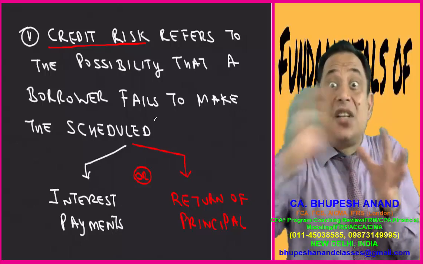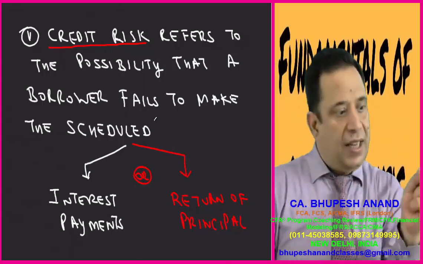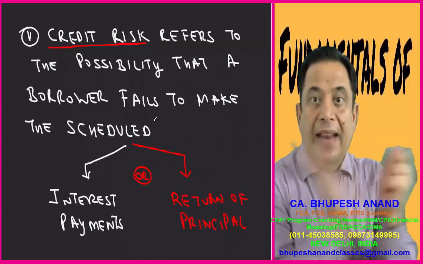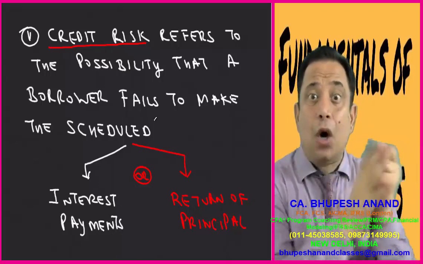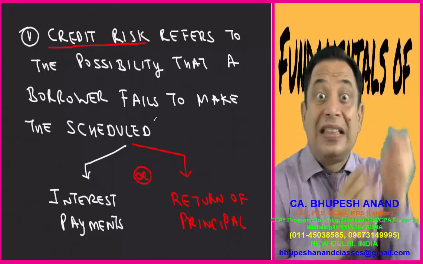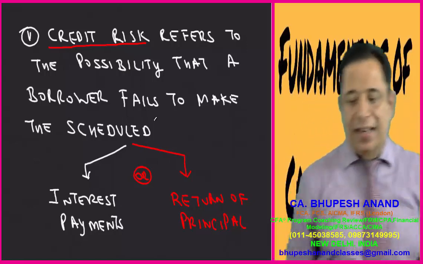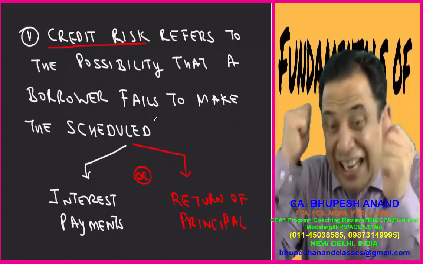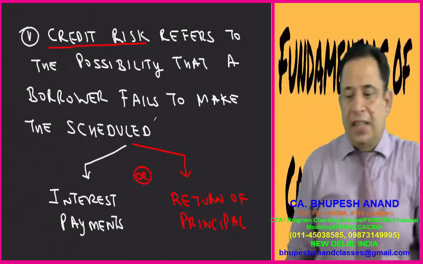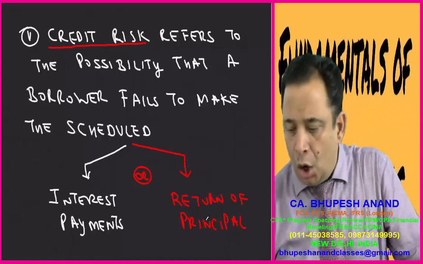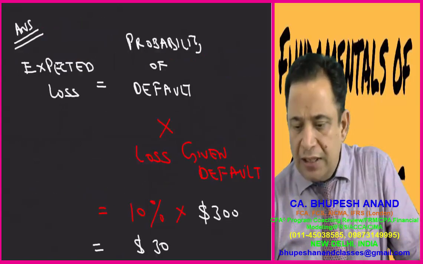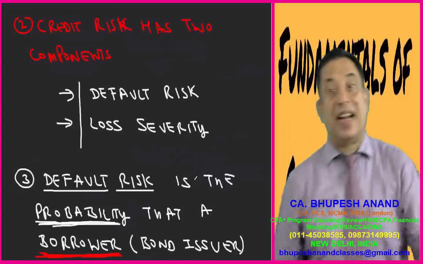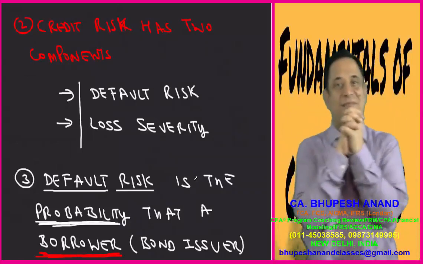The risk involved between the two parties, whether he will be able to pay back interest or principal on time or not, is named credit risk. So please write down: credit risk refers to the possibility that a borrower fails to make the scheduled interest payments or return the principal. So this is credit risk. Now I am going to start with the components of credit risk. Credit risk has 2 components.